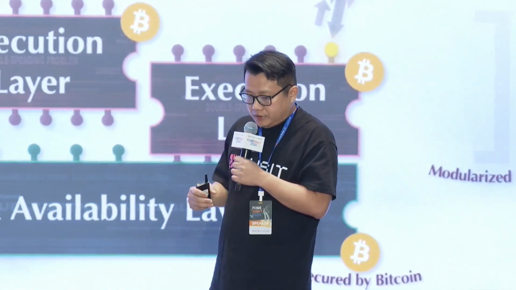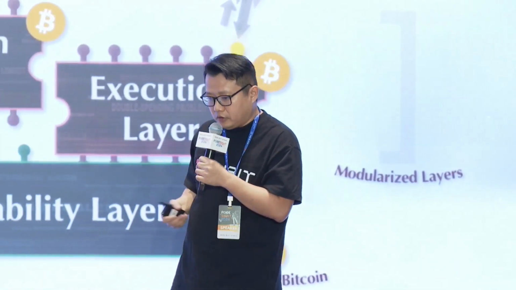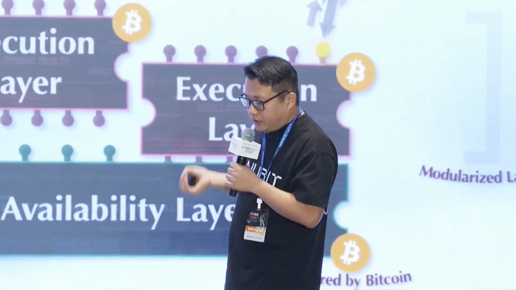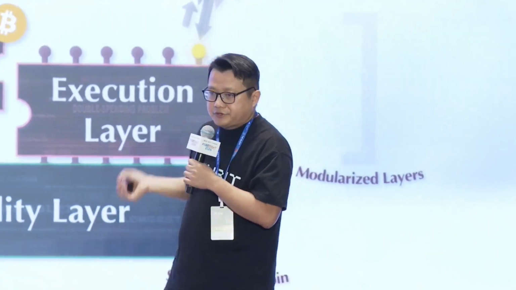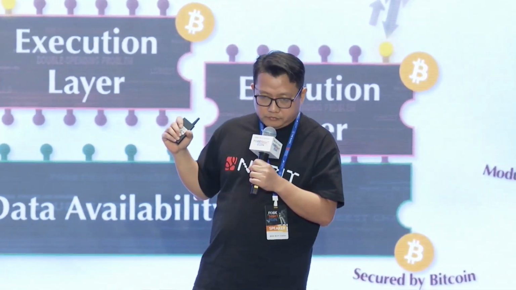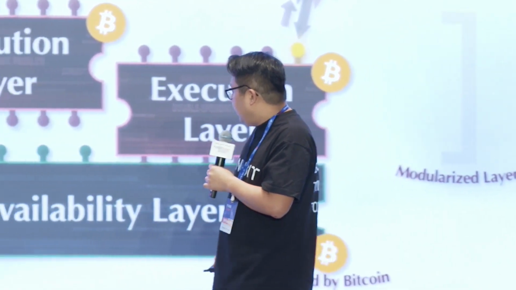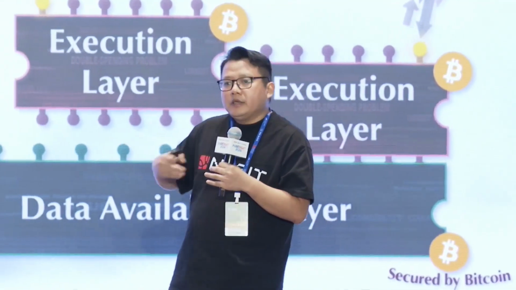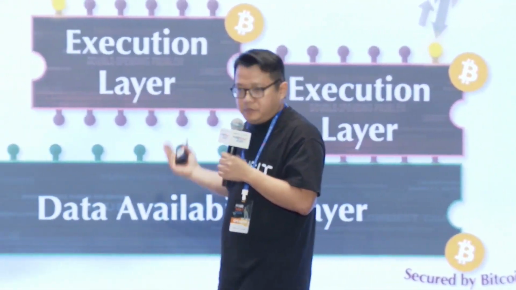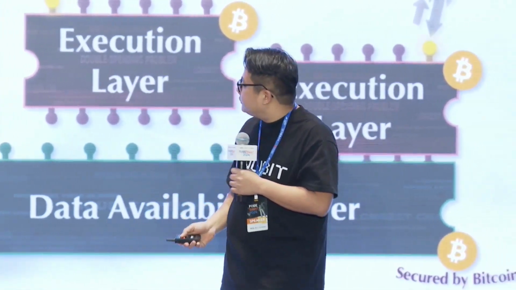Since the inception at the beginning of this year, we originally started from supporting projects from the BTC ecosystem, and then gradually extended our scope to other ecosystems such as Ethereum, and we are also one of the first DA components that support the TON ecosystem as well. In the near future, you can actually see a whole bunch of Telegram games and media applications whose backend is using Nubit as a DA solution.